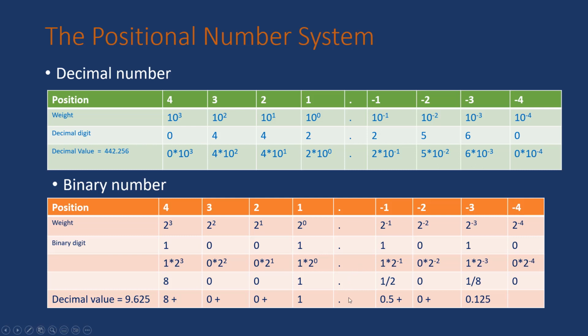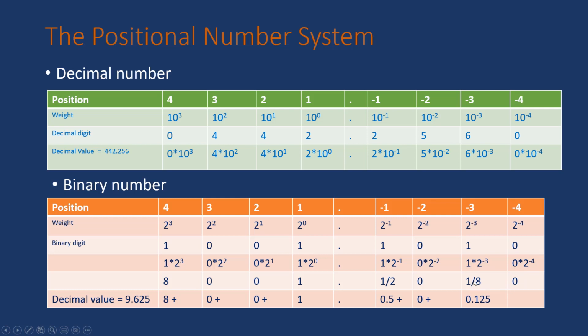And after the decimal point, 1 multiplied by 2's power -1 is actually 1 over 2. 2's power -2 is going to be 0 over 4, and anything multiplied by 0 is going to be 0. Here 2 to the power 3 is going to be 8, but it is negative, so we put it underneath the bar, so it's 1 over 8. Here 0 is going to be 0.